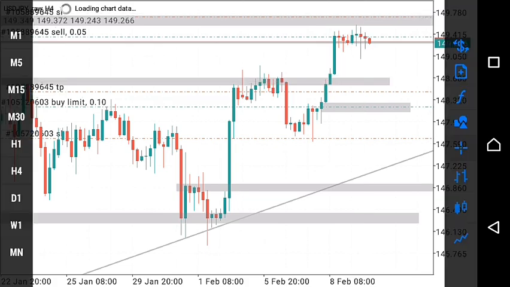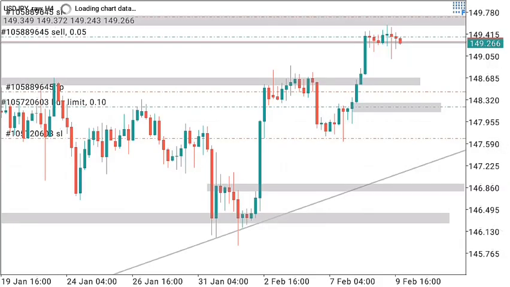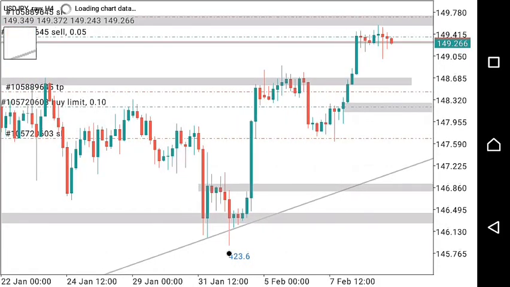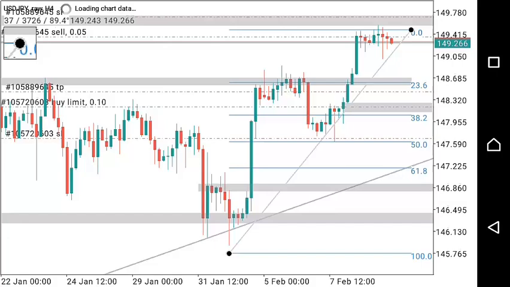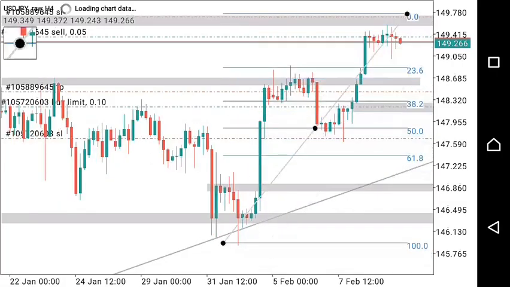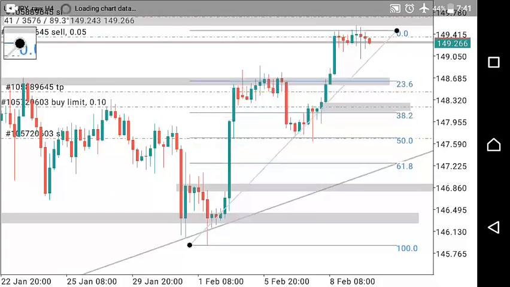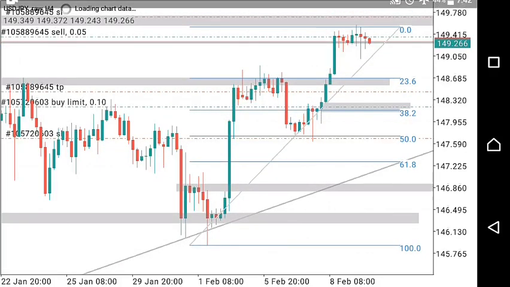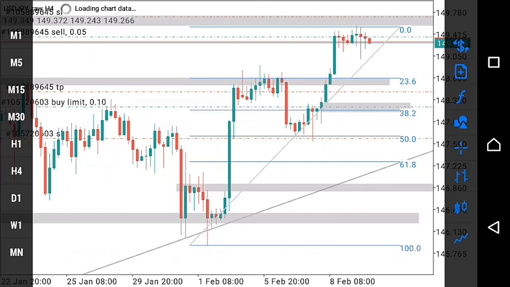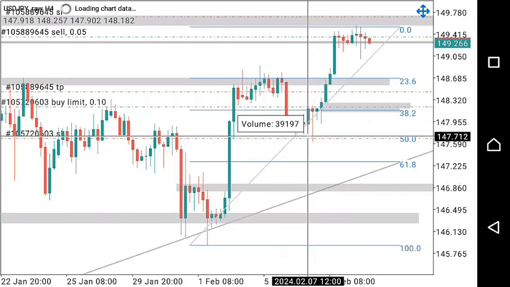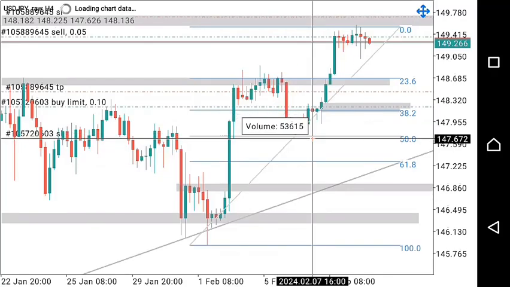So pulling out my Fib zone as usual from here to here. This is considered the discount zone to buy from, if you're looking at the larger time frame.